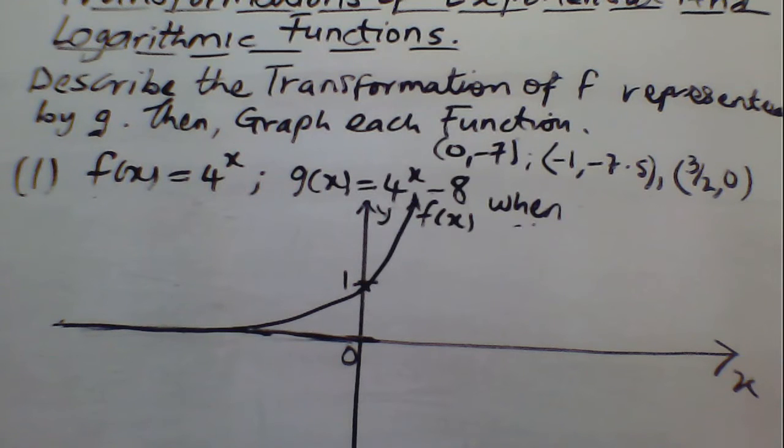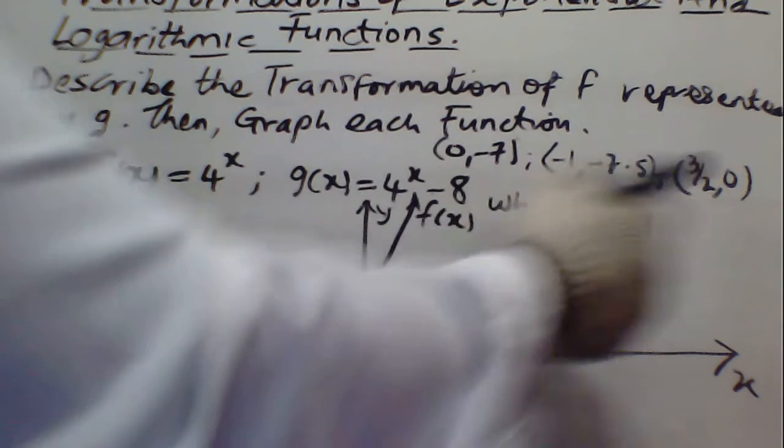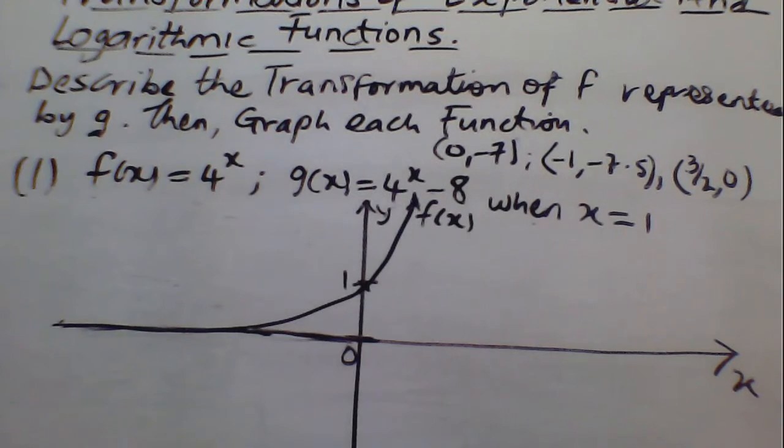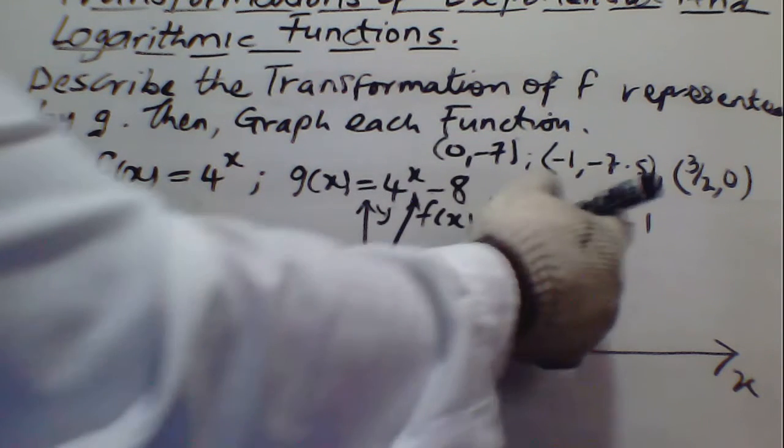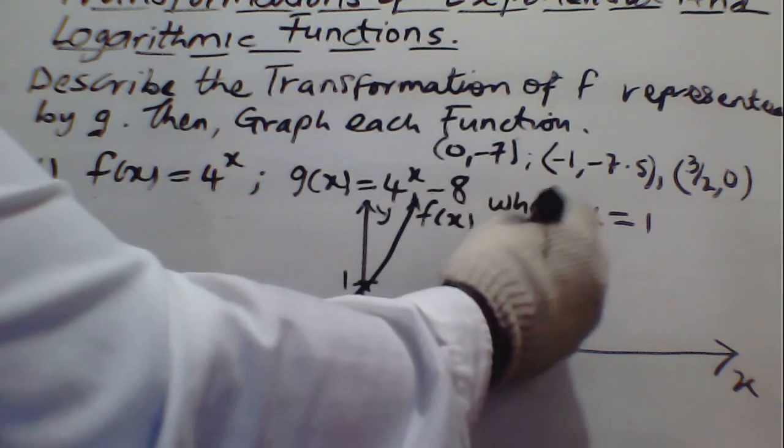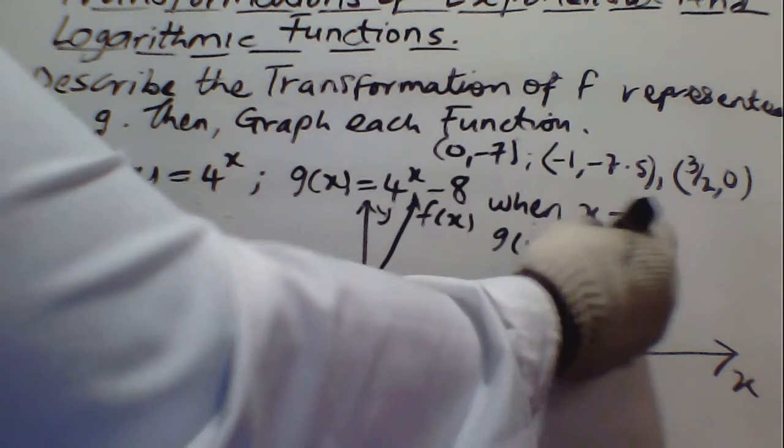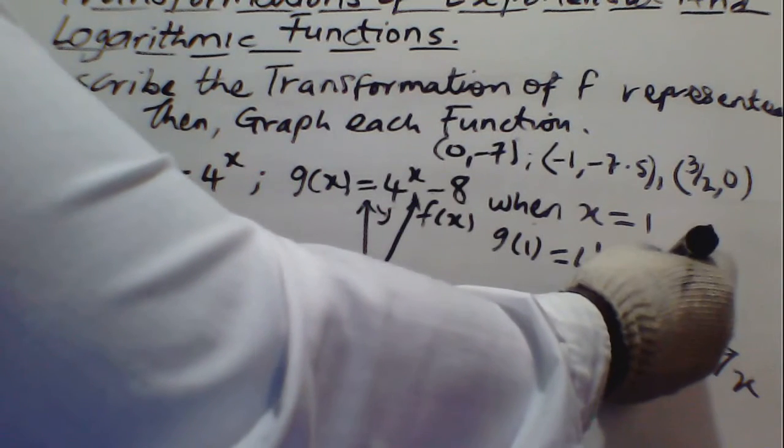So let's proceed. Let's see, let x equal 1. More points, more accuracy of the curve. If x is equal to 1, we have g of 1 equals 4 raised to power 1 minus 8. So this will give us what?